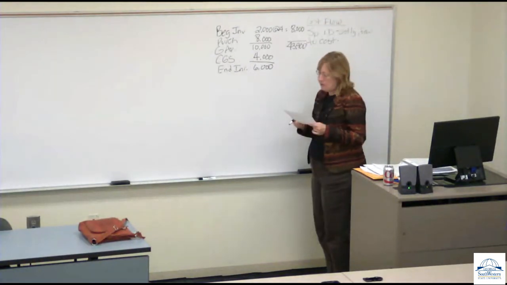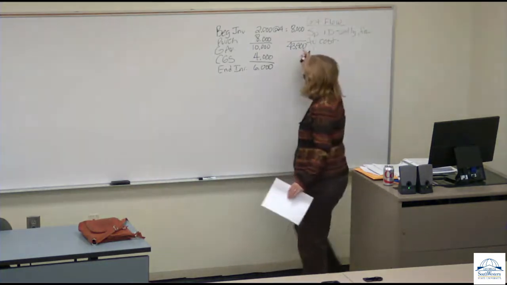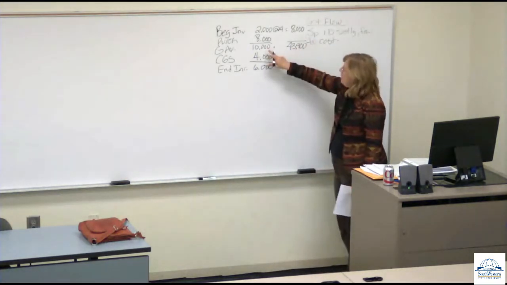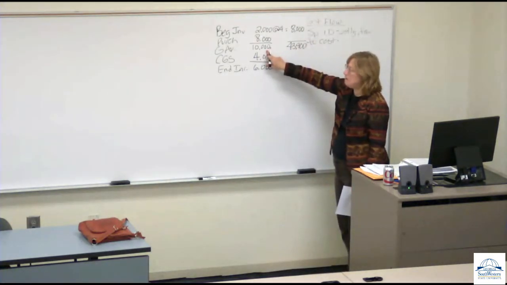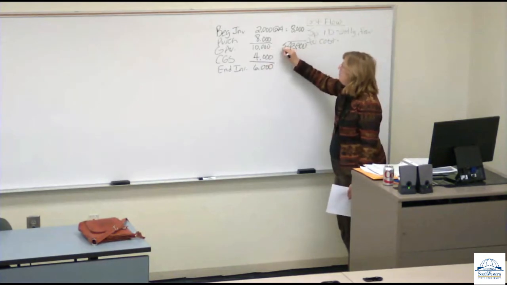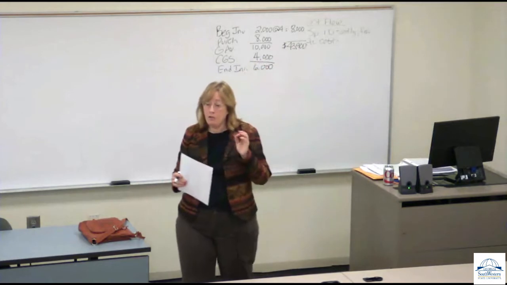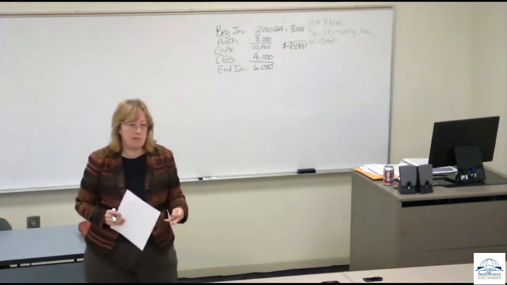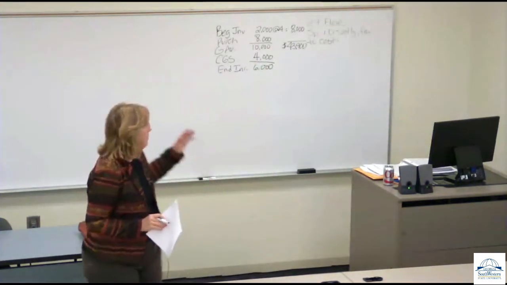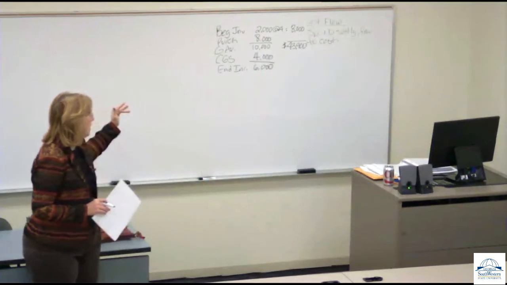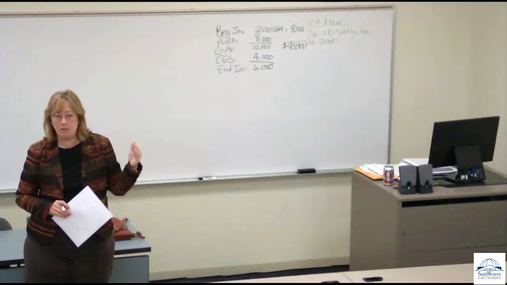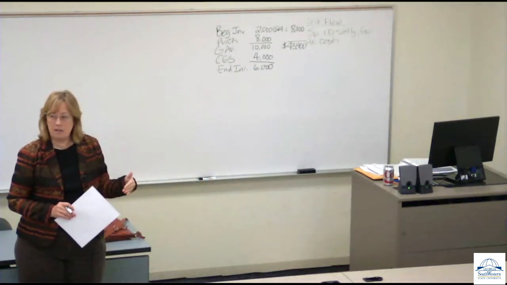All right? So this is what we're trying to allocate. We had 10,000 units available, and we had a total of 43,900. Now, under any of the cost flow assumptions we use, our cost of goods sold and ending inventory are going to add up to 43,900.